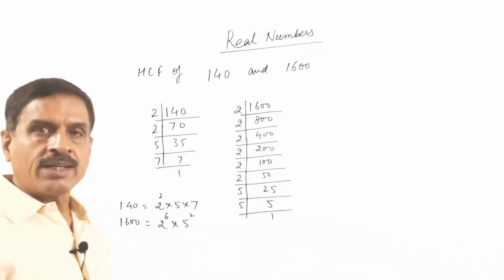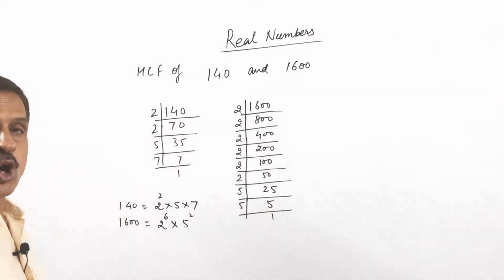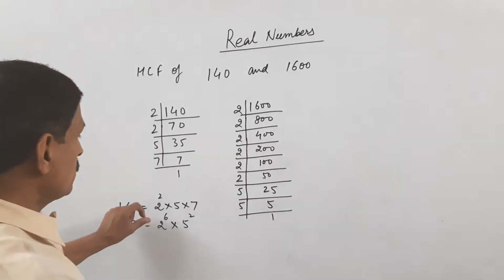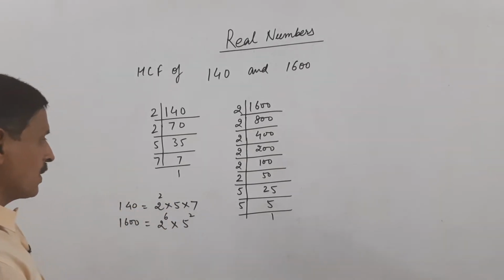In order to find the HCF of these two numbers after prime factorization, we observe the common factors. Which are the common factors? 2 and 5 are common factors in both these numbers.